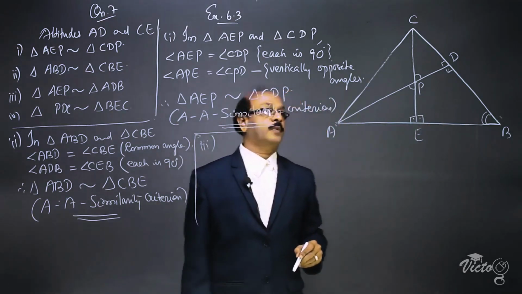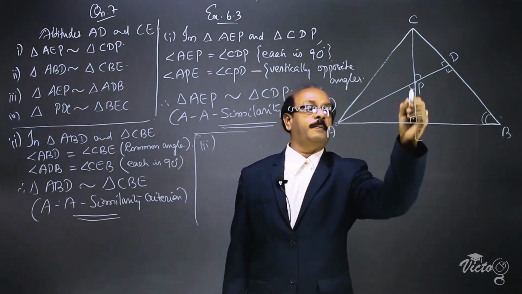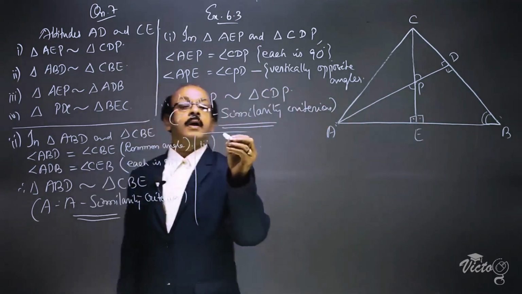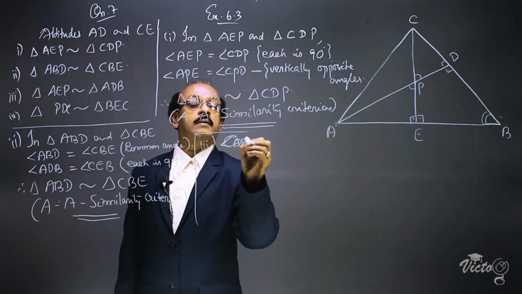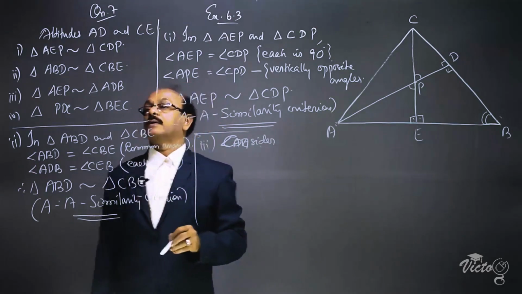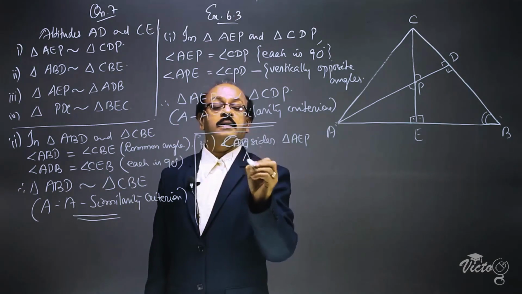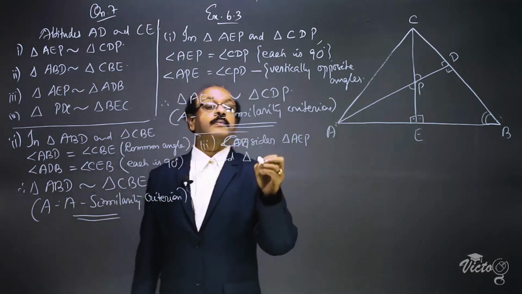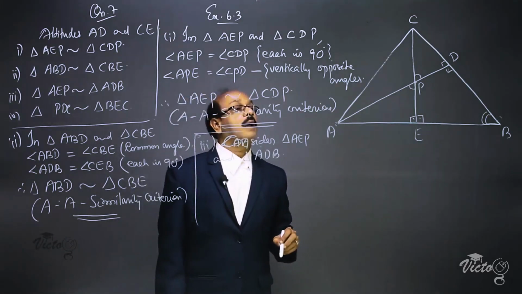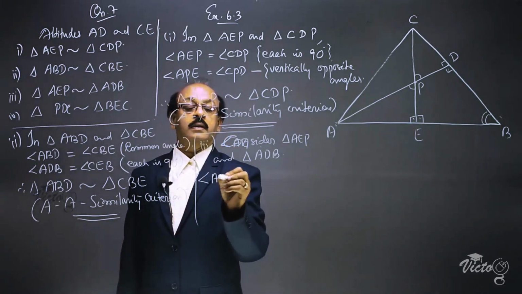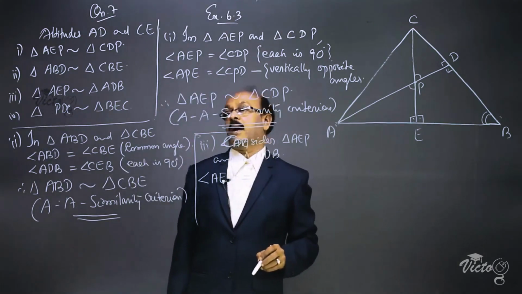In triangle AEP and triangle ADB, angle AEP is equal to angle ADB.